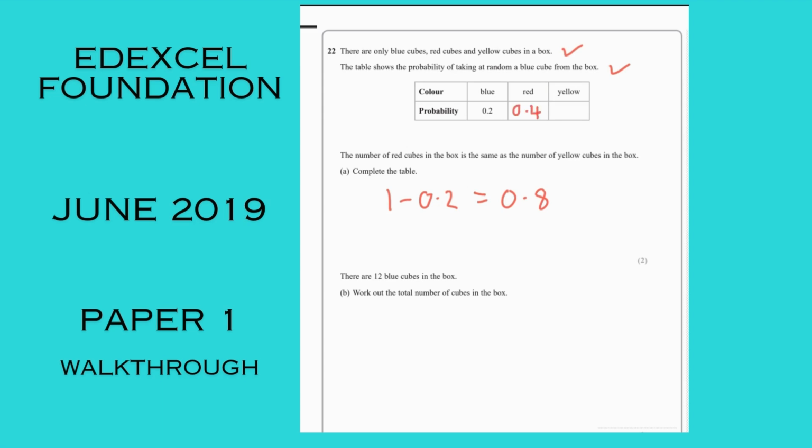So they're both going to be the same. They're going to be 0.4. We're told there are 12 blue cubes in the box. Well, the probability of red is double, so that'll be 24, and yellow is the same, so that should be 24. Adding those up gives you a total of 60.